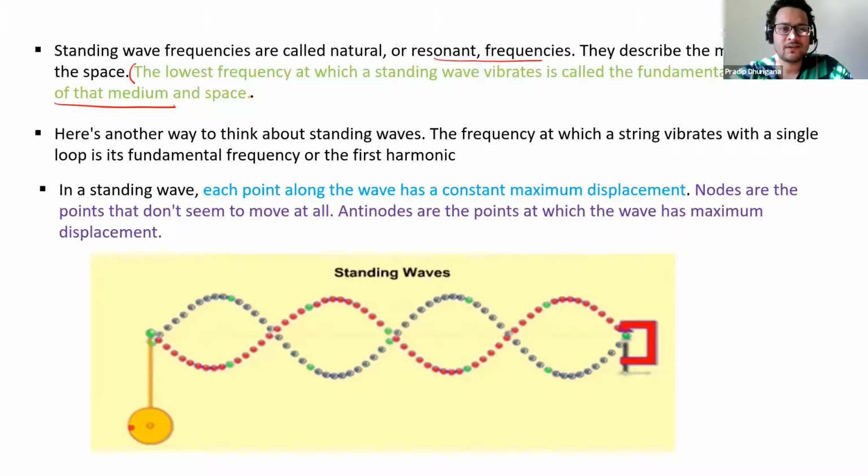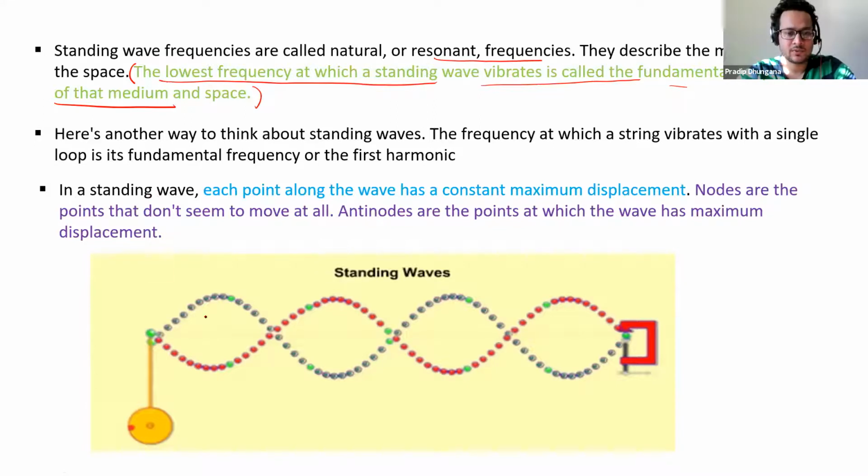If you have pen and paper, take this note: the lowest frequency at which a standing wave vibrates is called the fundamental frequency of that medium. That's how we define fundamental frequency. Now let's go to this third point, and skip the second one.